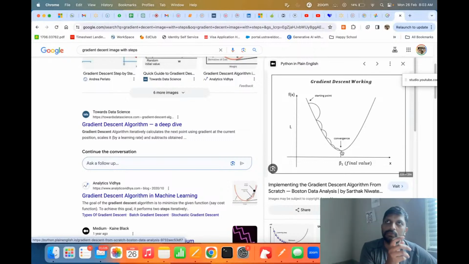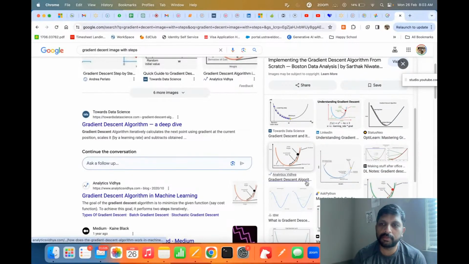So imagine even a 1% error: let's say even a simple number, 10,000 records, and 1% is 100 records where your Y-predicted and Y-actual values are wrong. So that is an impactful thing, right? So the optimal is very important. That's what I'm trying to say with respect to picking up this learning rate.